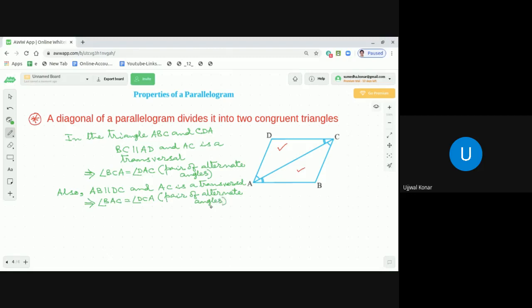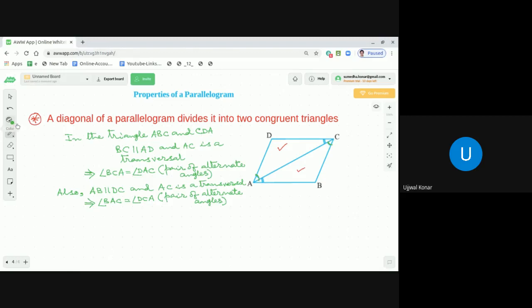Correct, dear students? All of you are able to get it? Any doubt? No, sir. Okay, great. So the first point we get is that angle BCA is equal to angle DAC. If I write it here, angle BCA, this angle, is equal to angle DAC, this angle.